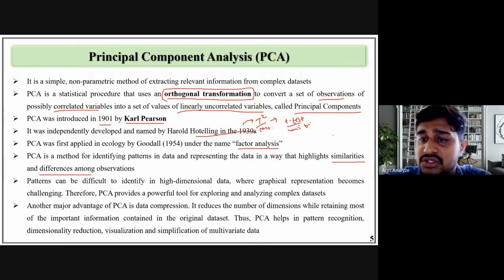Because it is based on the variance-covariance matrix. The variance-covariance matrix looks like this.